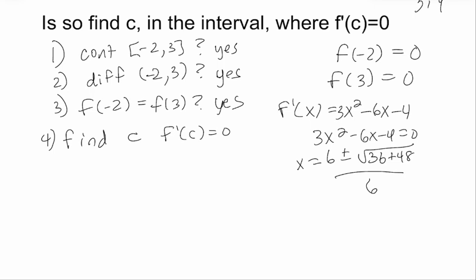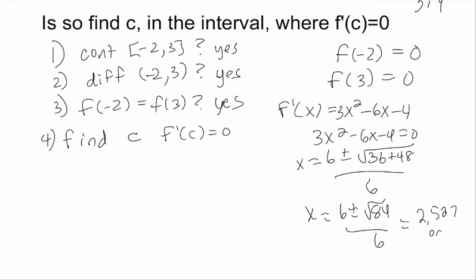36 plus 48 is 84. 6 plus or minus the square root of 84 over 6. Okay. If we do 6 plus the square root of 84, and then we divide that all by 6, we get 2.527.